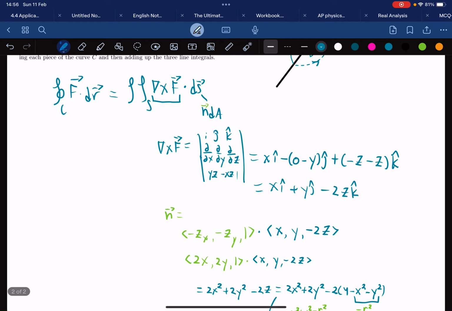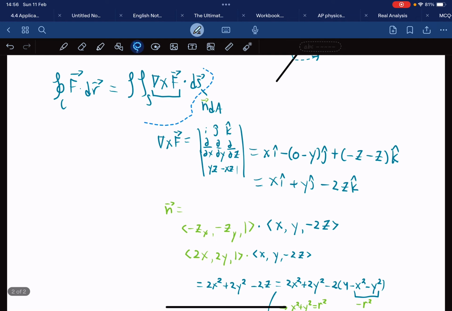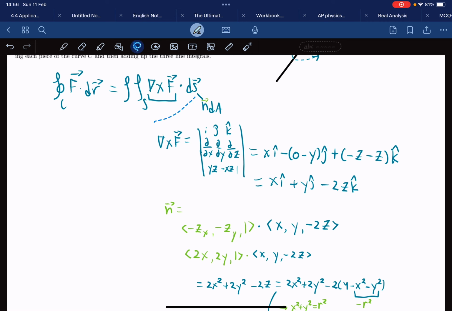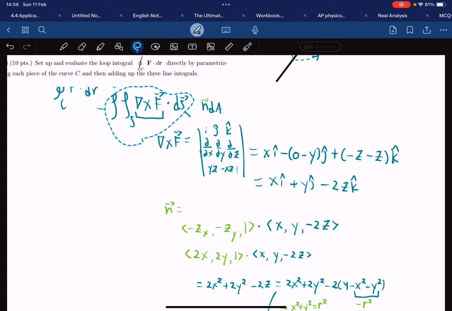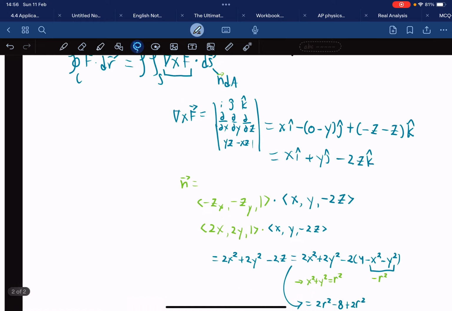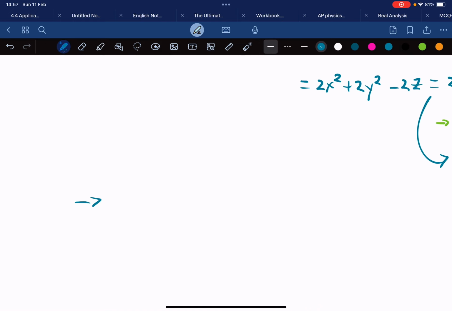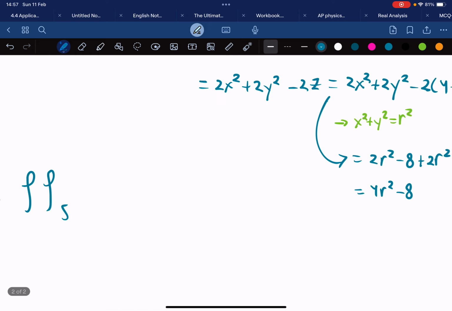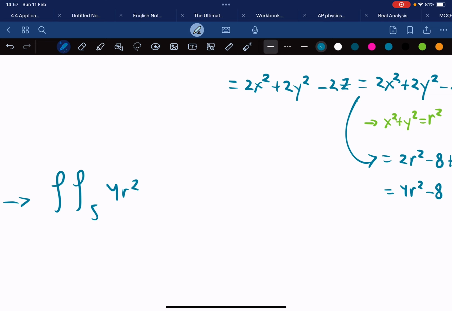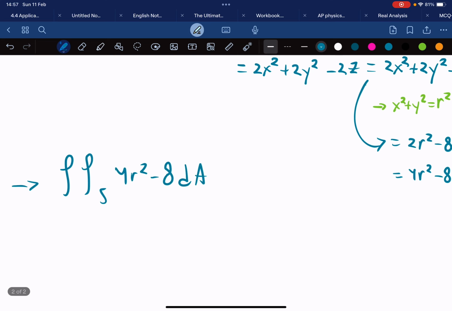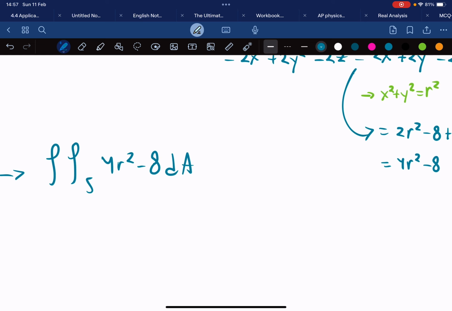And then we can go back to our original integral. I'll just rewrite it down here. So what we want to solve is our double integral across our surface of this value, 4r squared minus 8 dA, right?